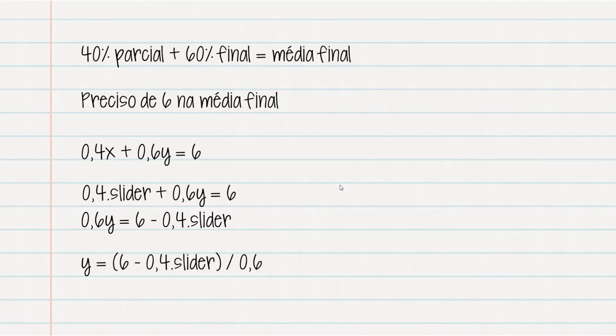Final grade equals 6 minus 0.4 times the slider, and everything divided by 0.6. So let's put this on App Inventor.